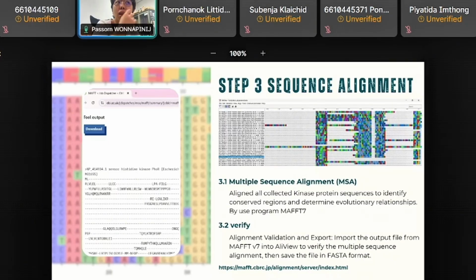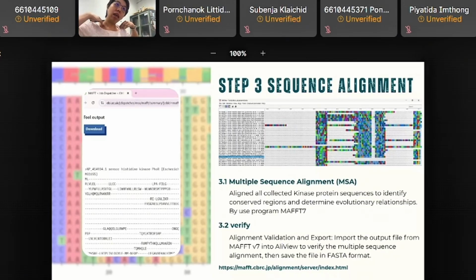Okay, so what criteria did you use to decide whether the alignment is correct or not? We didn't have criteria to select, but we selected the one from MAFFT to analyze.